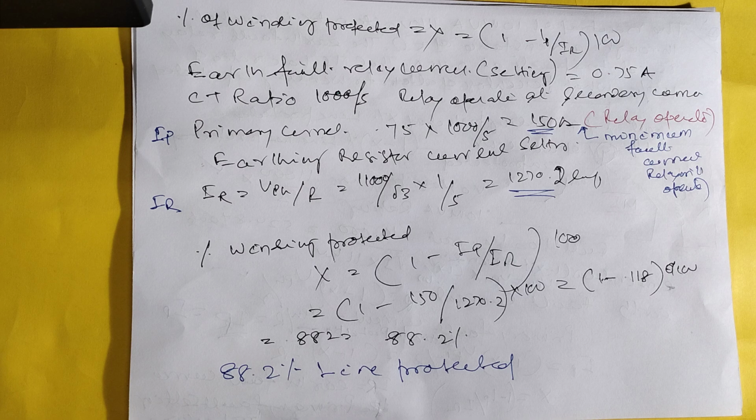So the winding protected, x, is equal to (1 minus IP by IR) into 100. IP by IR is 150 by 1270. So 88.2% of the winding is protected.